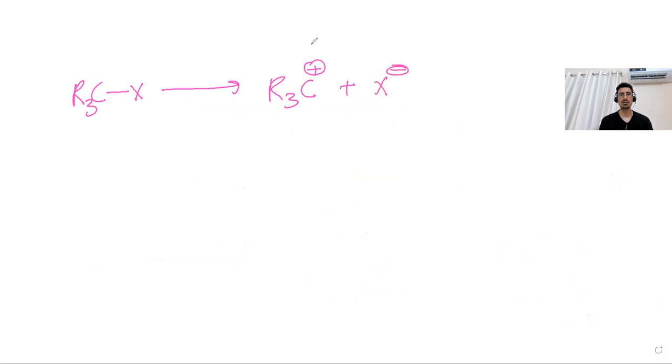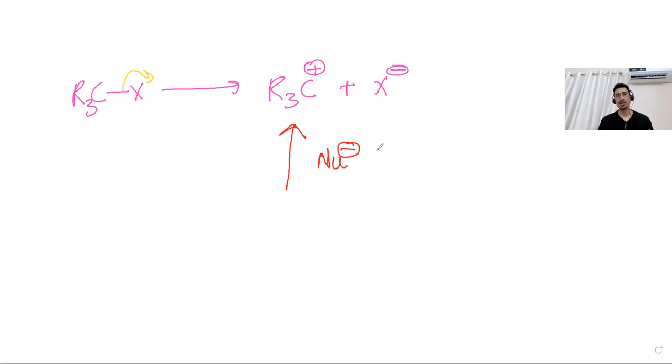So how does it take place? This X group takes this bonded pair of electrons along with itself. Now, this carbocation is quite stable, but not so stable that it may not react with anything.